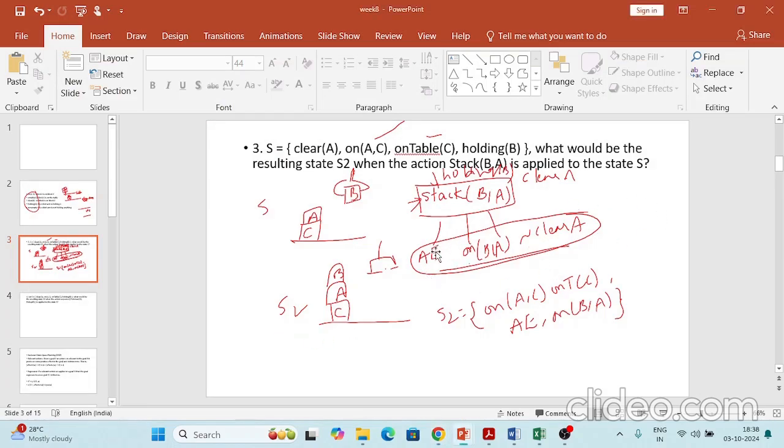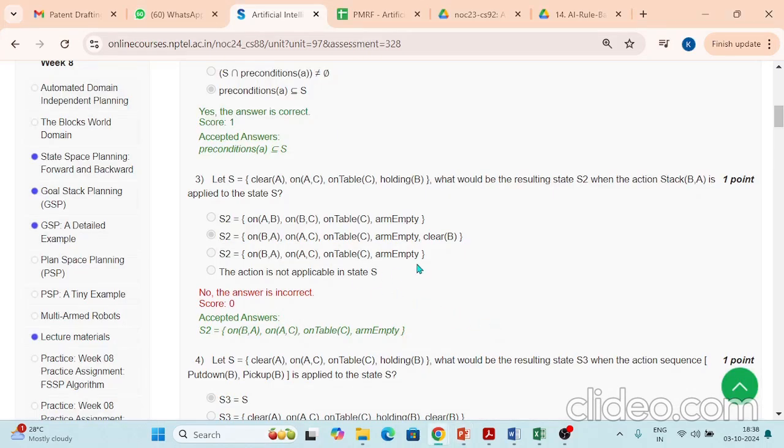But according to the effects of stack B A, it won't give any clear B indication as a positive effect. So we are not supposed to include clear B. That is about the third question.